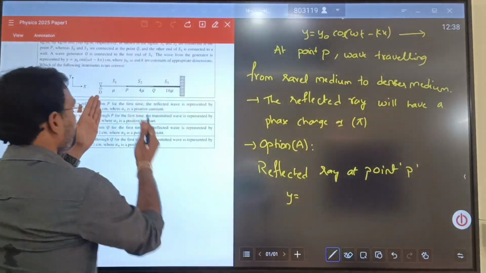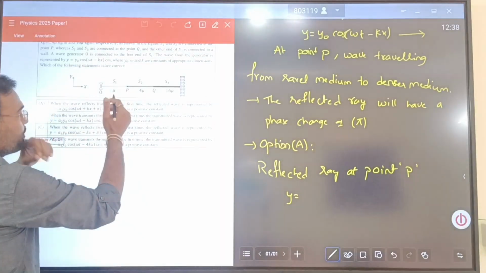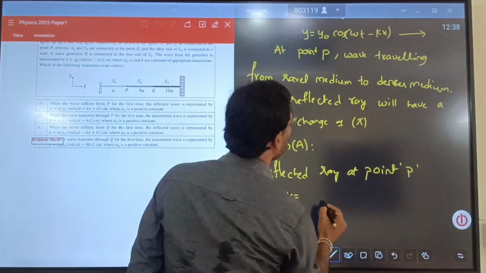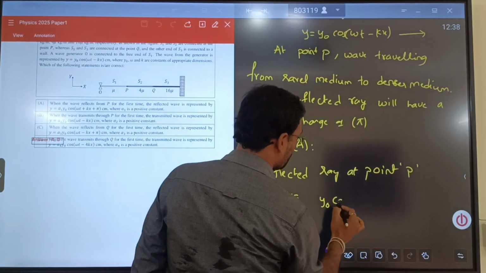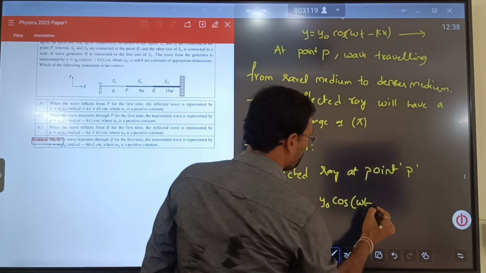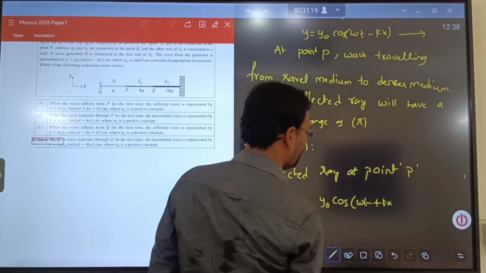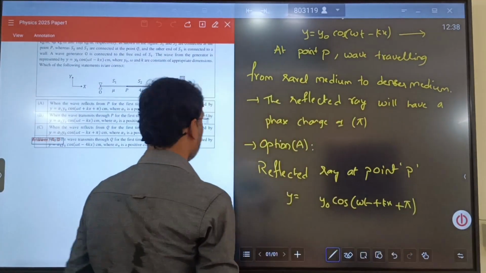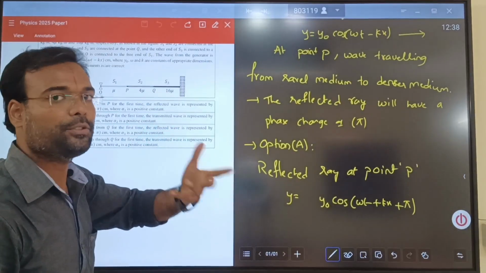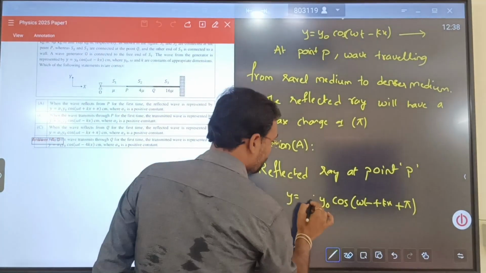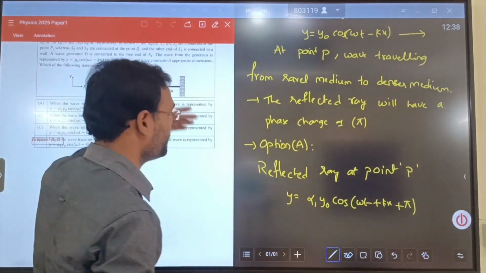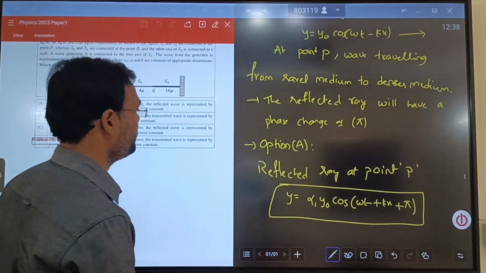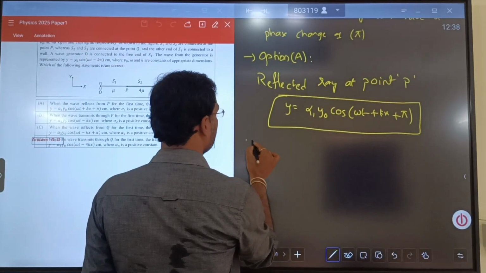So the reflected wave is traveling in the leftward direction. So we have to represent it as y naught cos(omega t plus kx) with a phase change of pi, so plus pi. They are representing alpha 1 to confuse us, but it is a positive constant, so forget about that, and it satisfies answer A. So option A is correct. Then go for option B.